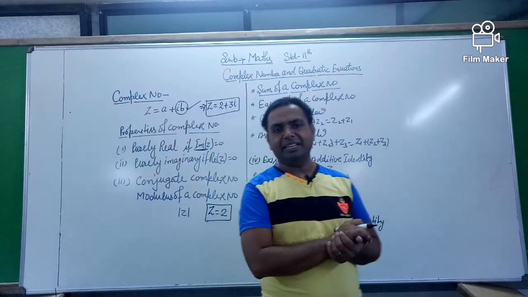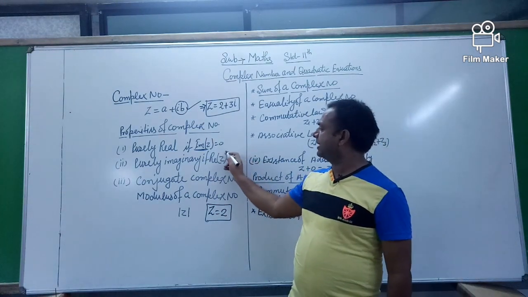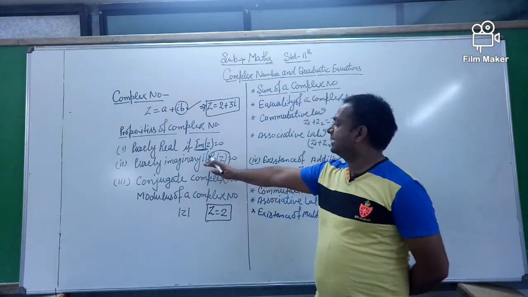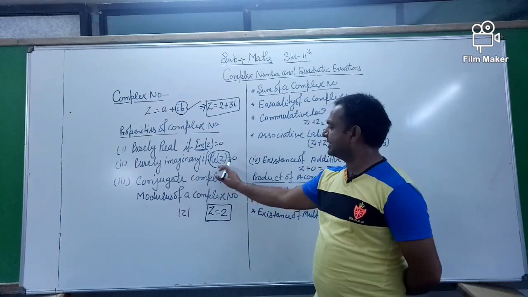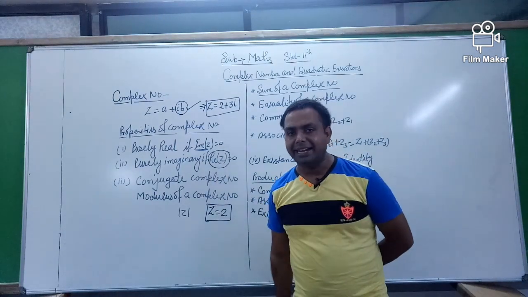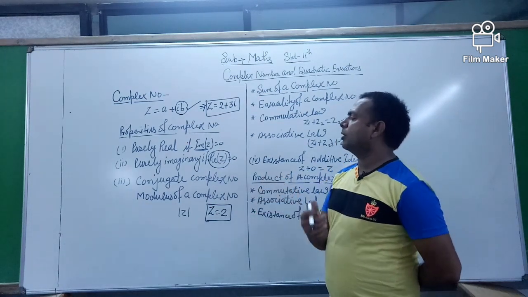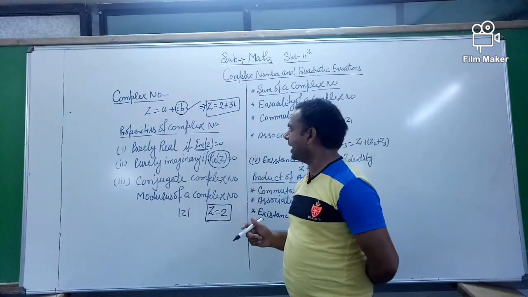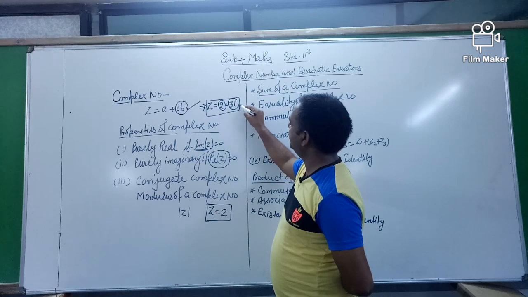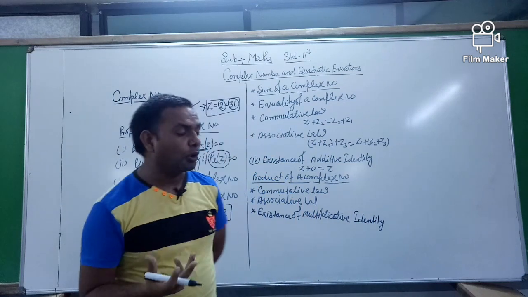If the real part of the complex number is equal to 0, written Re, where Re means real and z means the complex number, then you can say that the complex number is purely imaginary.